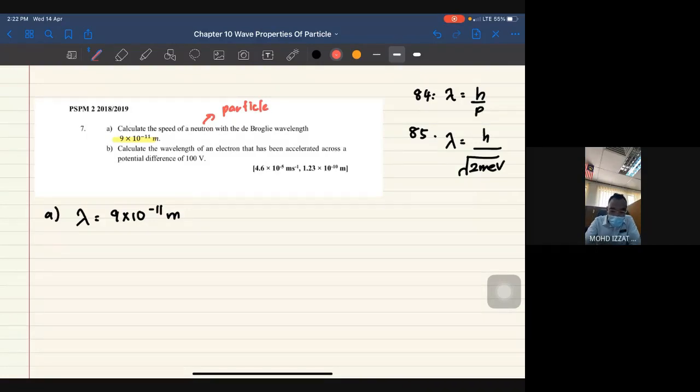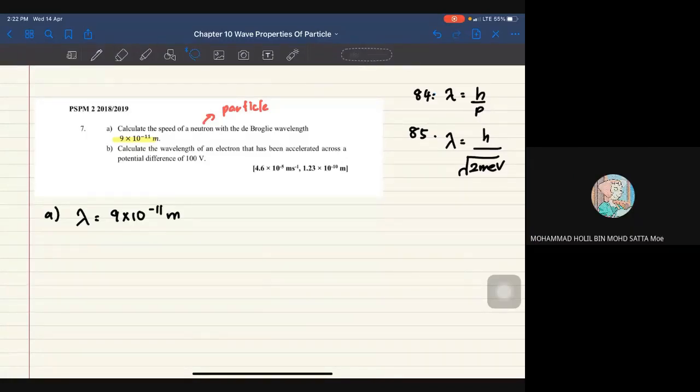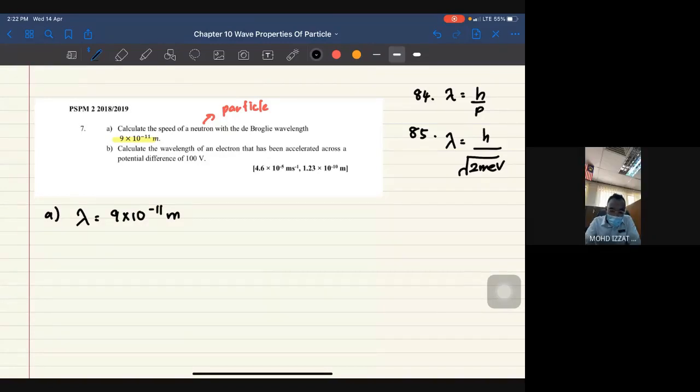Okay, which formula do you want to use? 84 or 85? One says 84, one says 85. So the question wants to find the speed.